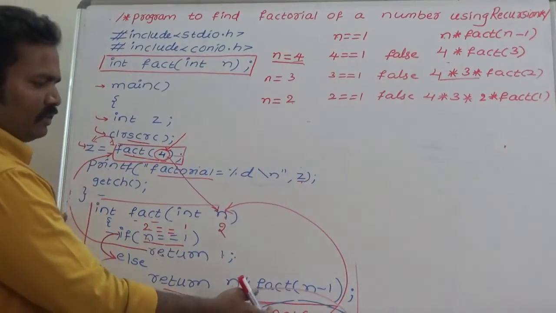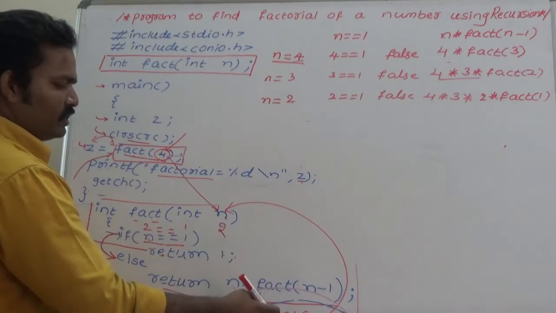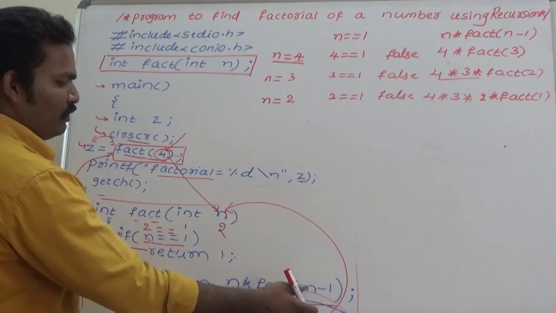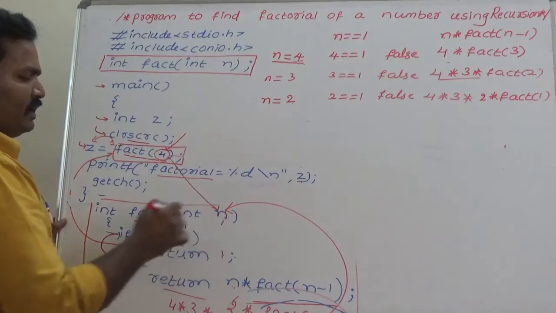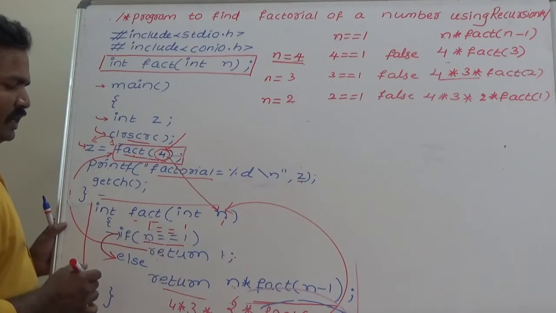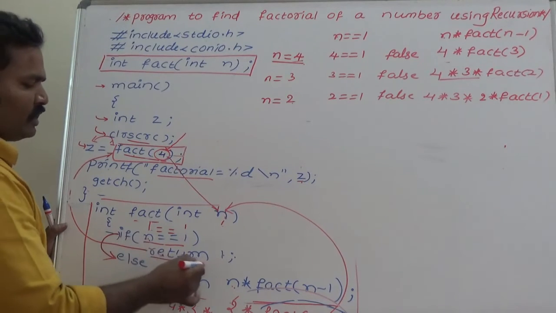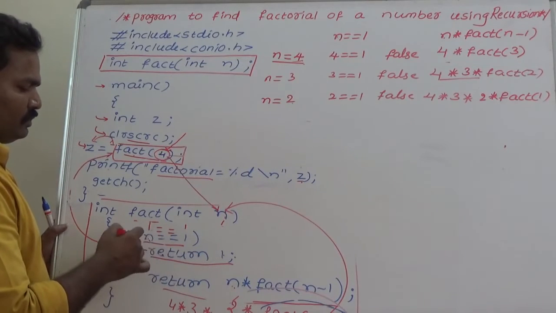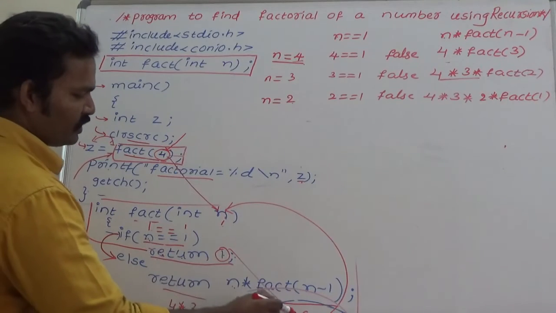Again this is a calling function. Here we are calling the fact function by passing 1 as the argument. So now 1 is received by the n variable. Is 1 equal to 1? Yes, now the condition is true. If the condition is true, the true block statements are executed, so it returns 1 to the calling function.